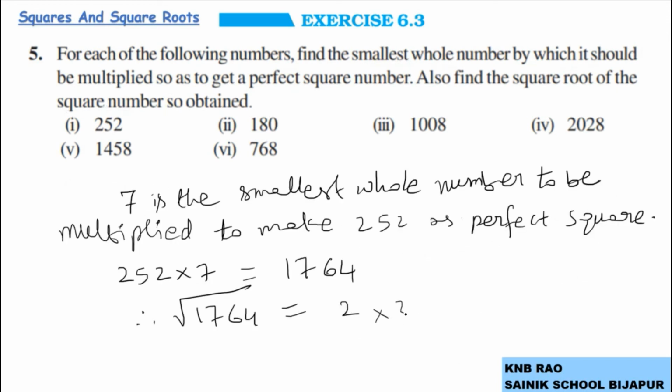Next 1, 7, because we have made the other 7 into pairs. So the product of these numbers is 42. Therefore the square root of 1764 is 42.